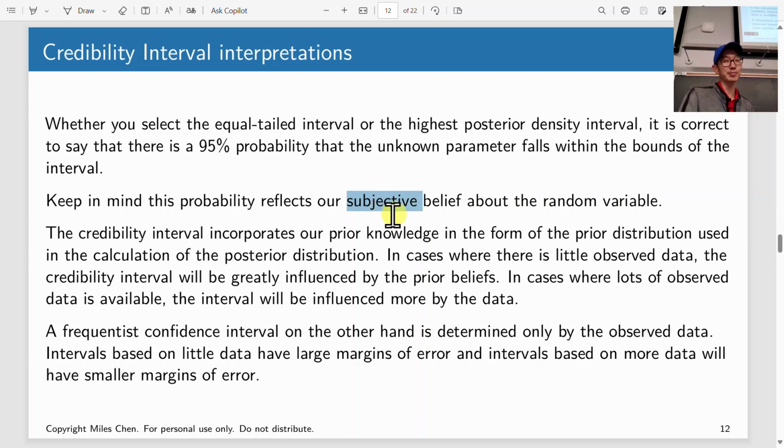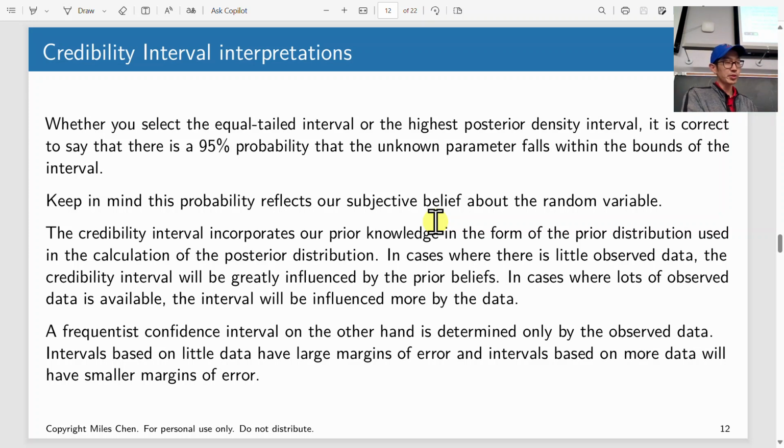So I know a lot of people are uncomfortable with the idea of subjective, but to that I just say, you'll get over it, okay? All right, so the credibility interval incorporates our prior knowledge in the form of the prior distribution used in the calculation of the posterior distribution. We just multiplied our prior with our likelihood.